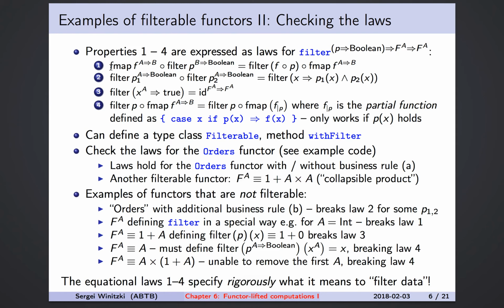And that's what it is. So fmap f is a function that transforms the functor value into another functor value. The filter p is a function that transforms a functor value into another functor value. And so this law says that functor values are transformed in the same way. Any functor value, whatever you want, will be transformed in the same way by these two functions composed and also by these two functions composed.